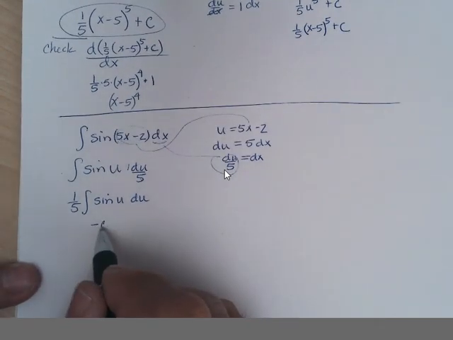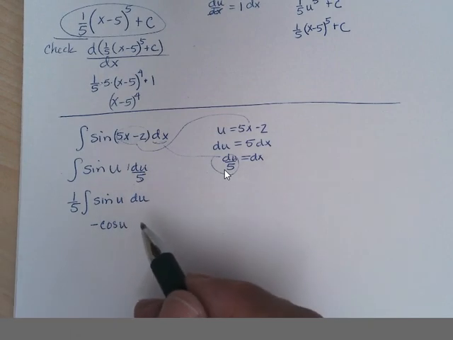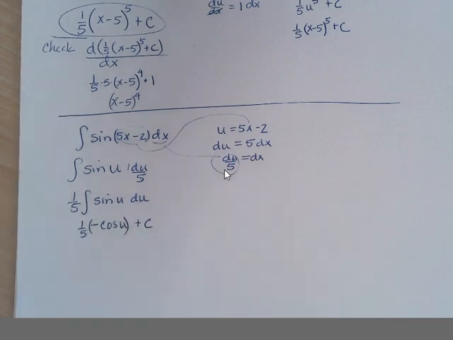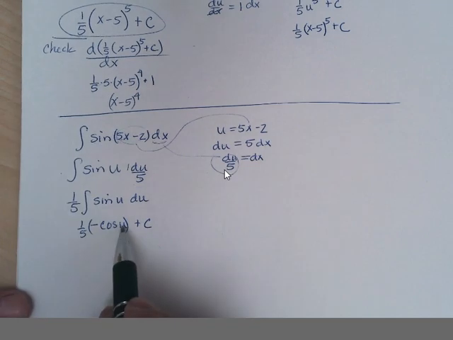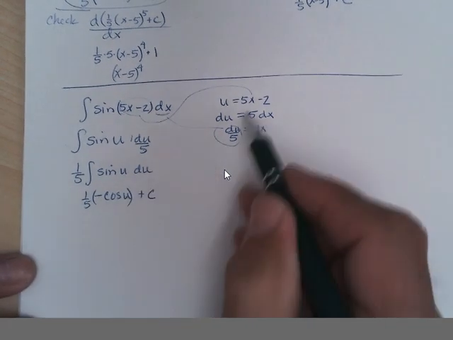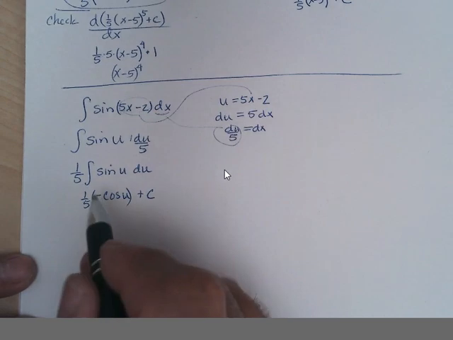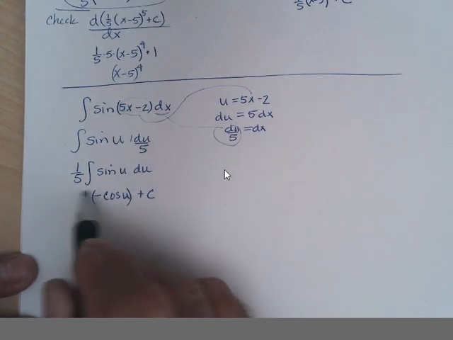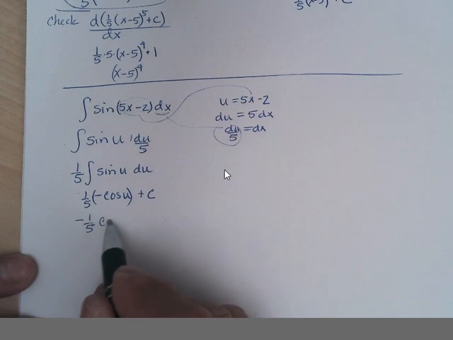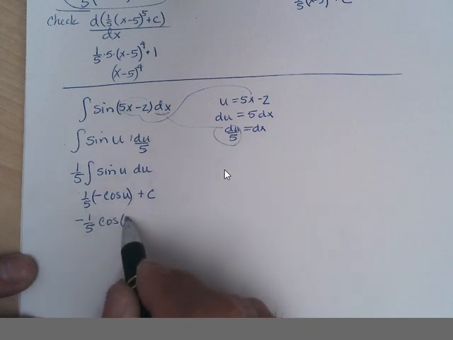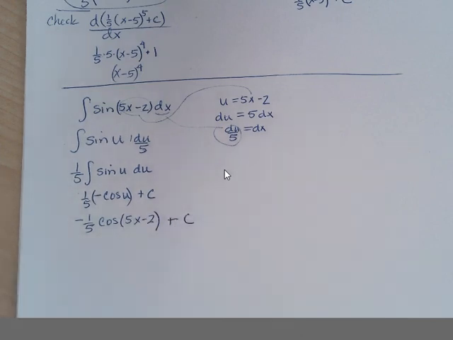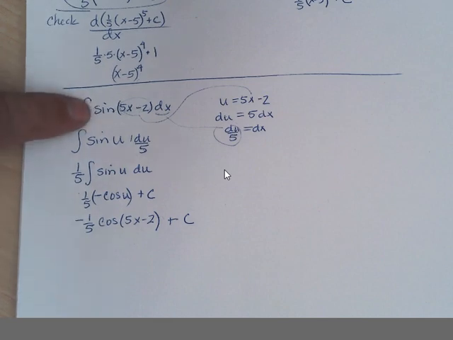It's negative cosine u, if the variable is u, and it's times 1/5 plus c. But I'm in u, so I need to go back to x's, so I'm going to replace u with 5x minus 2. So I got negative 1/5, with the minus put on that, cosine of 5x minus 2, plus the c.